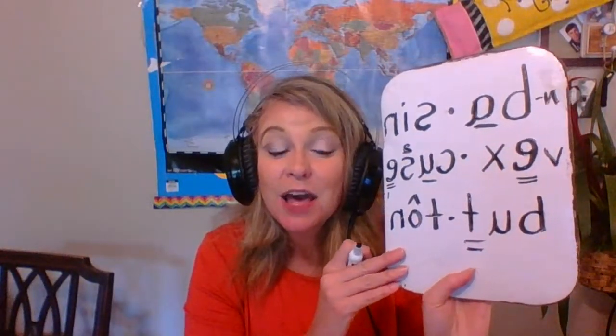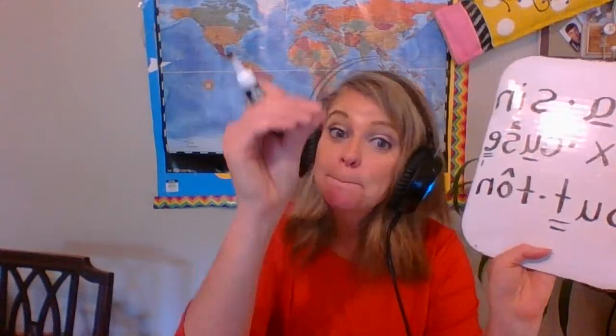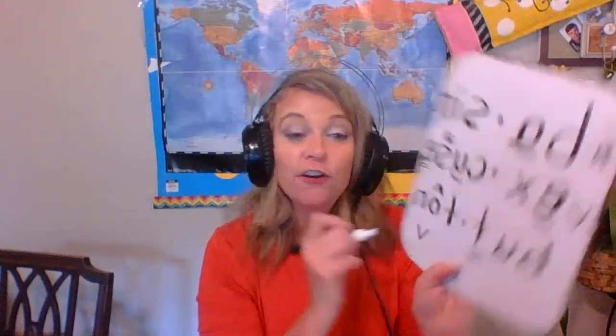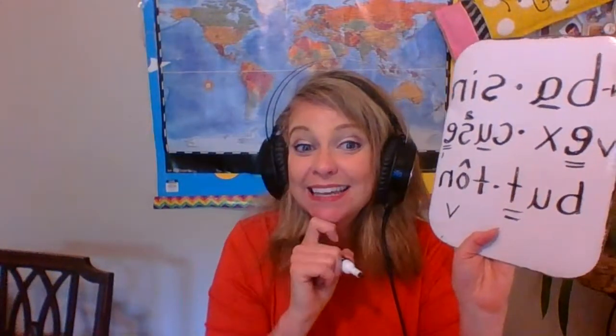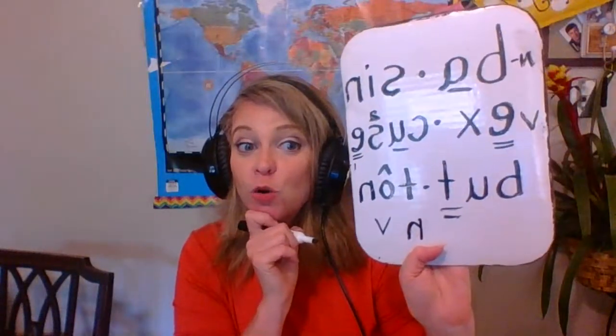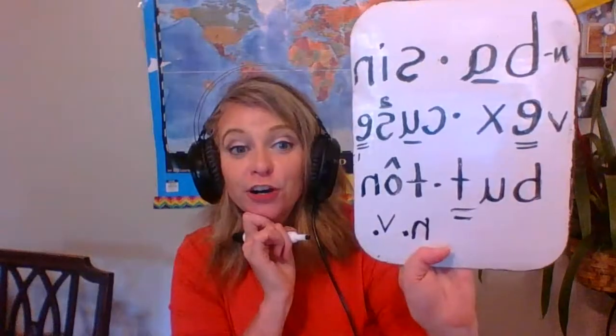Button. Now, button can be two parts of speech. If I say button your shirt, that is a verb. But if I say I like your button on your shirt, that could be a noun. So a button can be a noun or a verb.